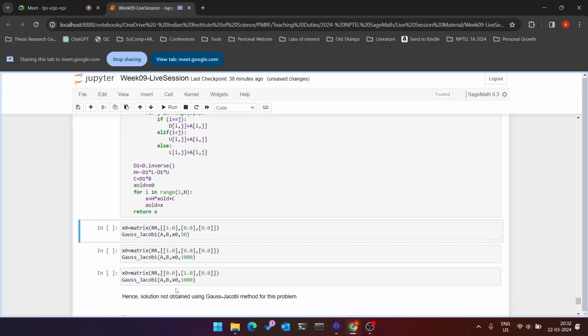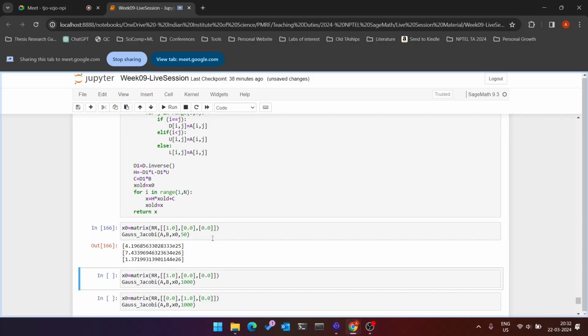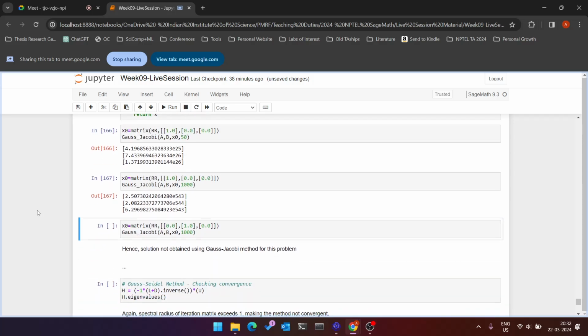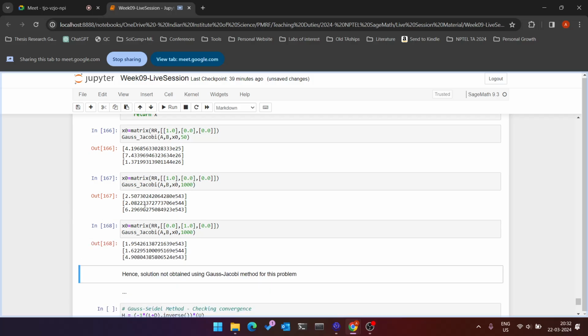Once I run the Gauss-Jacobi, suppose with a vector of 100 as initial guess for 50 iterations, what happens? I get a value which is quite far from what I need based on the inbuilt solver. Similarly, if I do the same 100 for 1000 iterations and 010 for 1000 iterations, both of them give me completely different values.